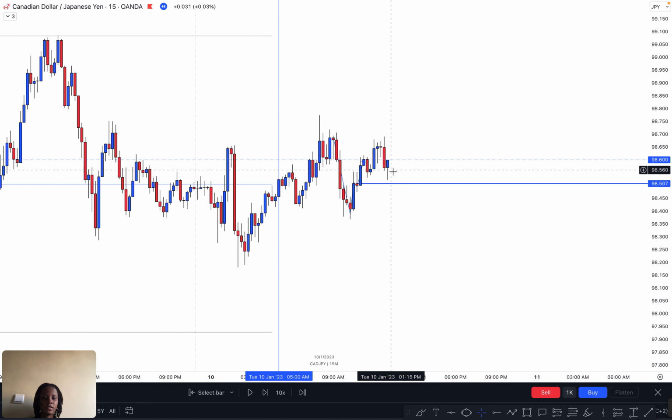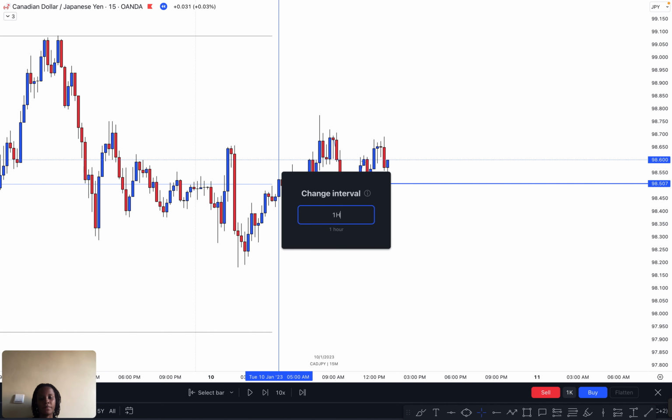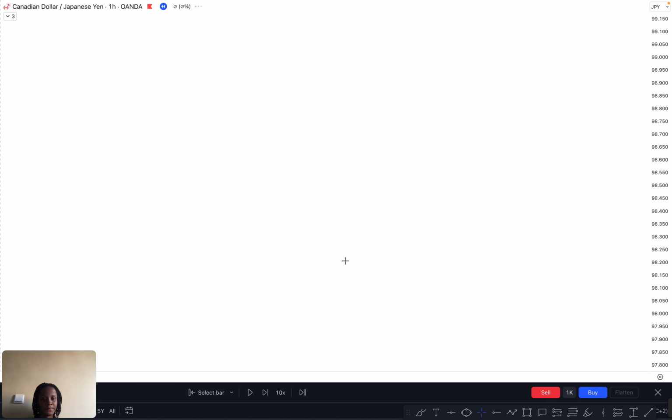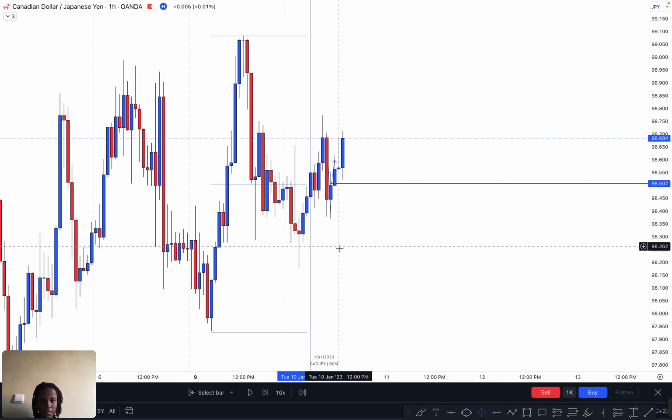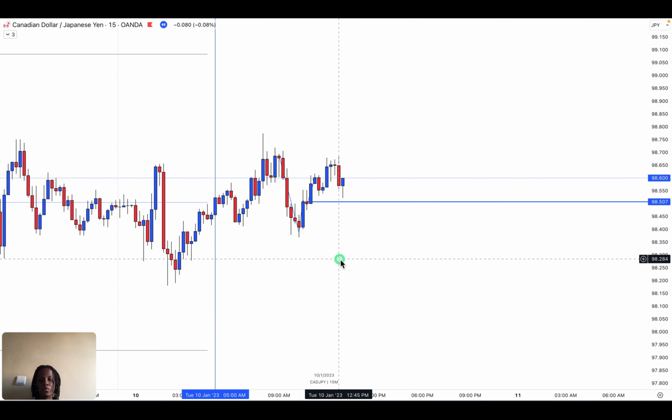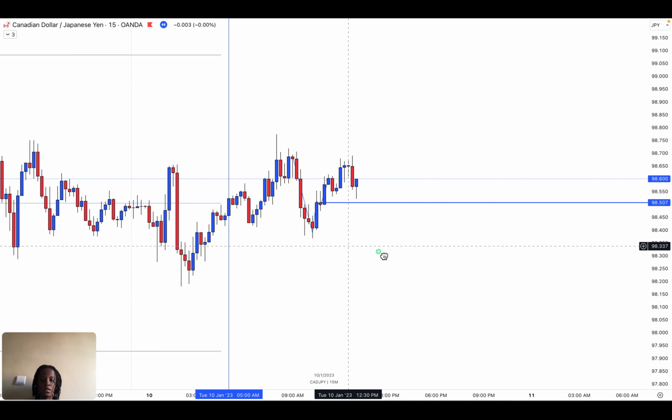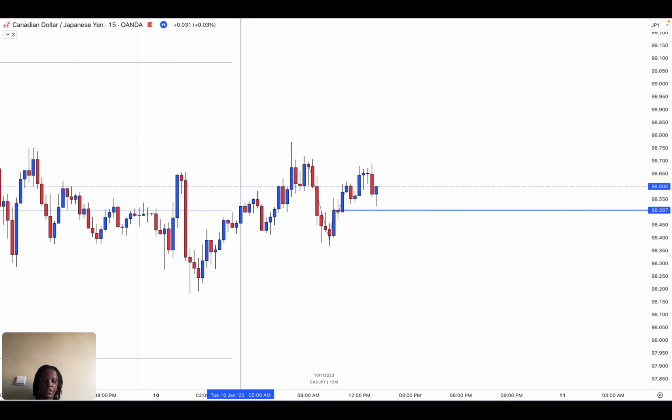So if it's coming to retrace to the neckline at 1, the candle from 12 to 1 should have been bullish for us to enter this trade. If you go to H1, you can see this candle is very bullish. So let's wait for an entry here at the neckline.